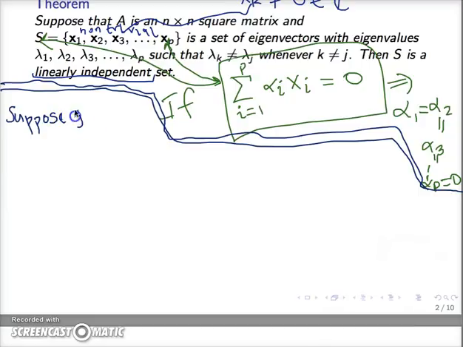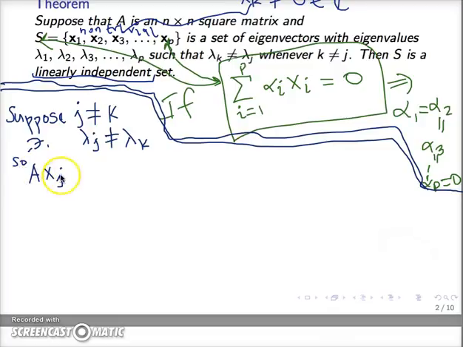So suppose we have indices j and k such that they're different, so that lambda sub j is not equal to lambda sub k. That is because we're assuming all eigenvalues are different from each other. And because these are eigenvalues, then we have that A times x sub j. So suppose we have 2 different indices, 2 different eigenvalues.